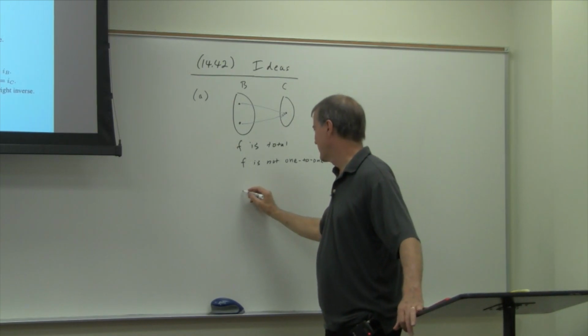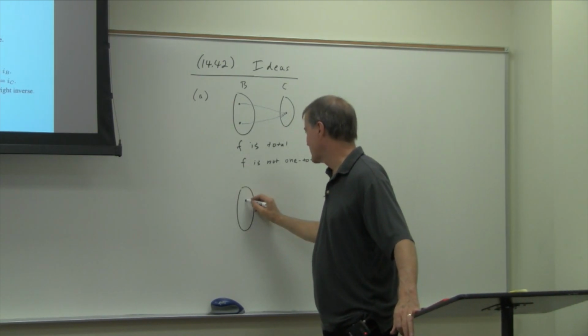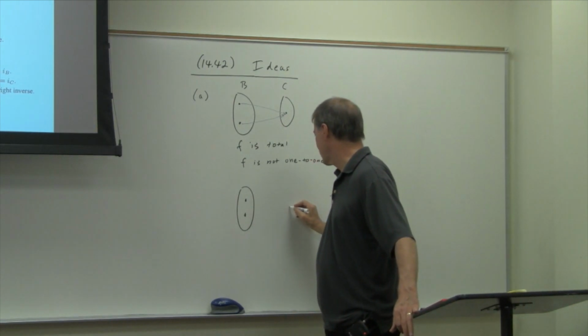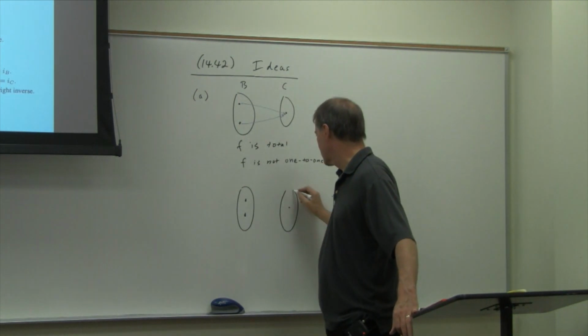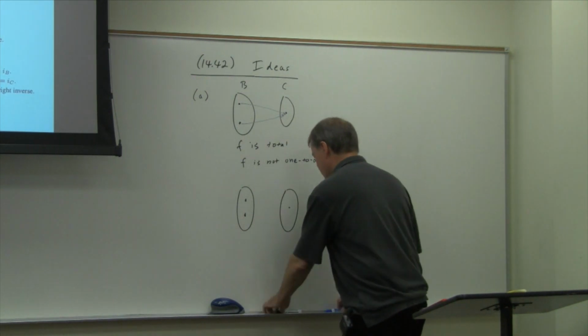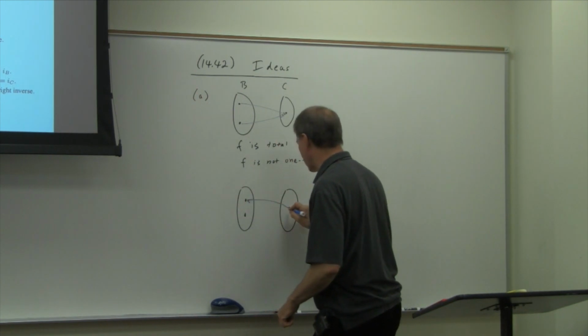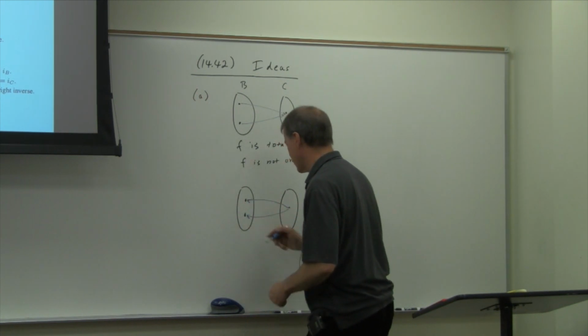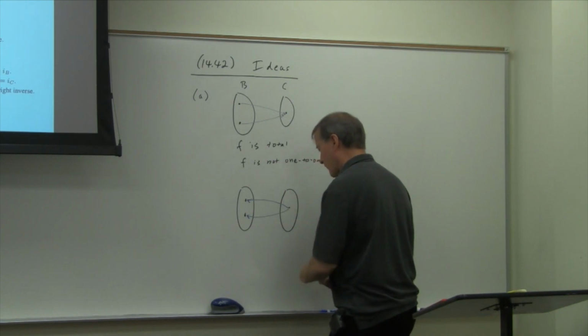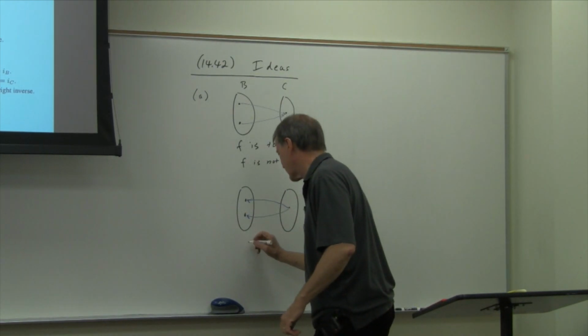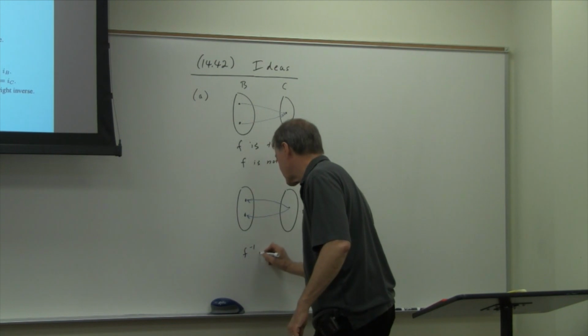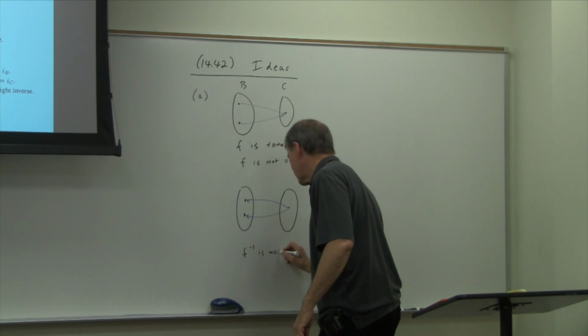The inverse relation is not a function. Yeah, it's not a function, right? Because the inverse would look like this. The inverse is not determinate because you would have two going from here to here. So here f inverse is not determinate.